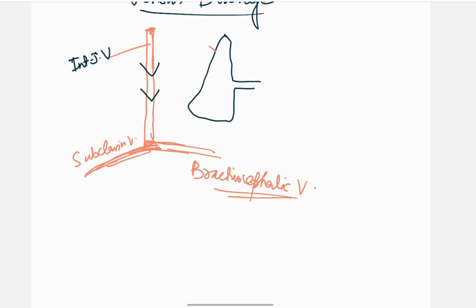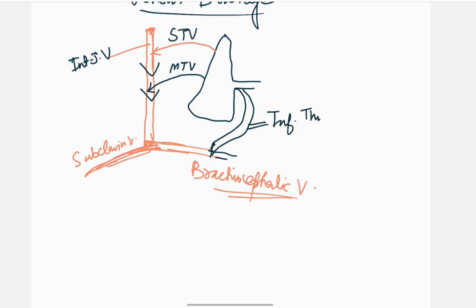Most of the venous drainage occurs in this particular part of the venous system. Here the first vein drains into the internal jugular vein, which is known as the superior thyroid vein. Another vein also drains into the internal jugular vein, which is the middle thyroid vein, and one vein directly drains into the brachiocephalic vein, which is the inferior thyroid vein.